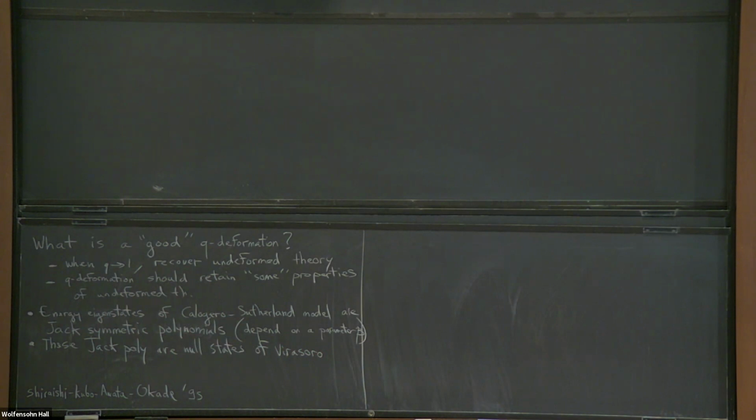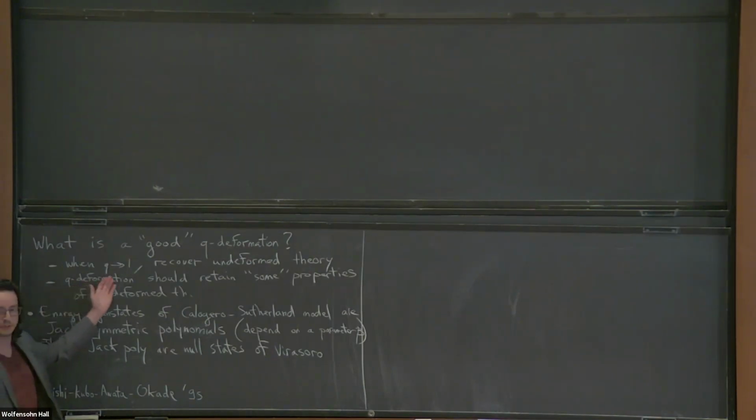Then the immediate question from people in the symmetric polynomial community was: there does exist a good q-deformation of Jack polynomials, called the Macdonald polynomials, which satisfy these two broad properties. When you turn off a parameter in the Macdonald polynomials, you recover the Jack polynomials, and they retain the property of being symmetric polynomials.